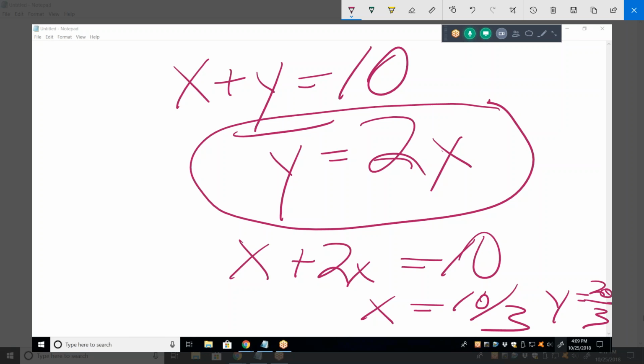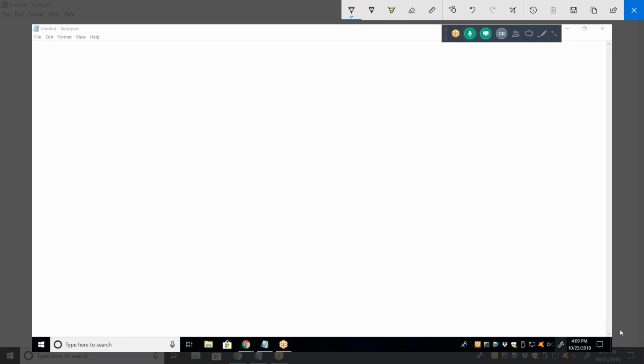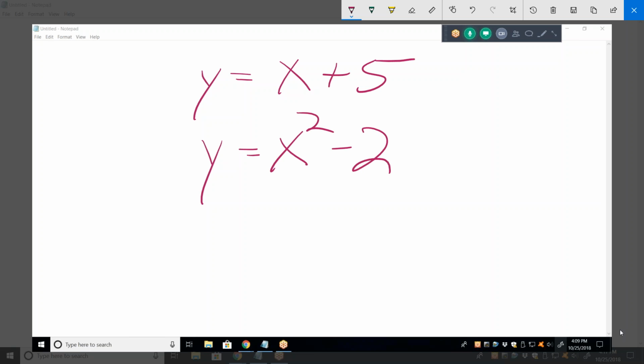So that's what tells you whether to use substitution or elimination: what format they're in. Now, the initial problems they gave you were two equations, both defined in terms of y. In other words, they gave you something like this, and then something like this.